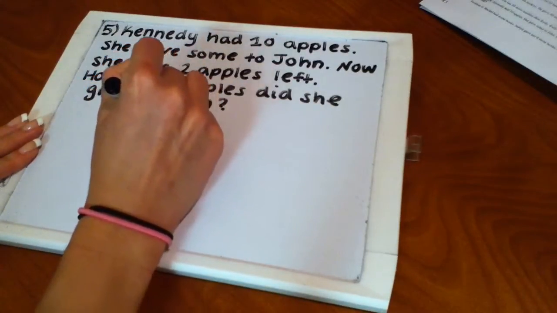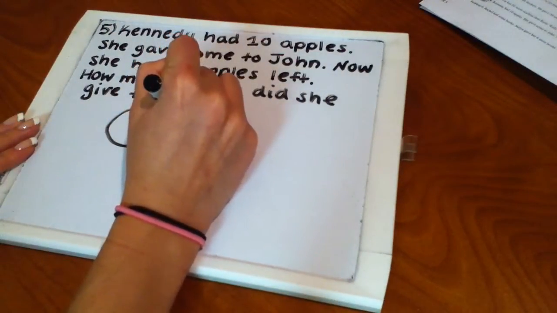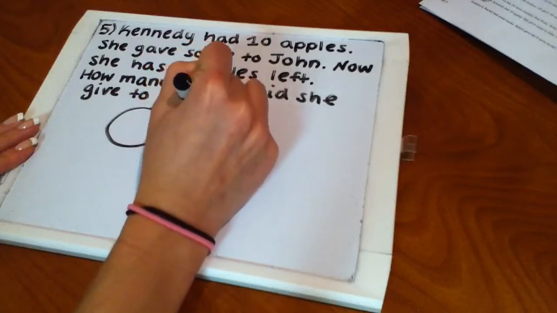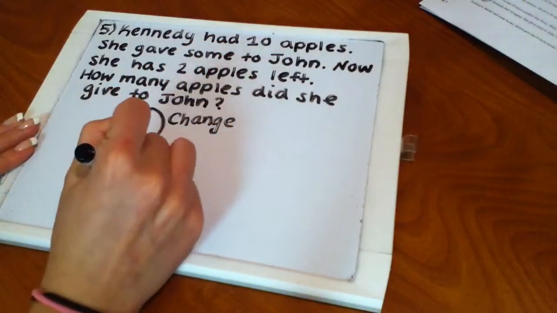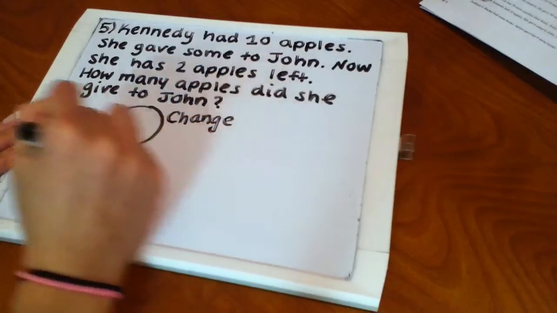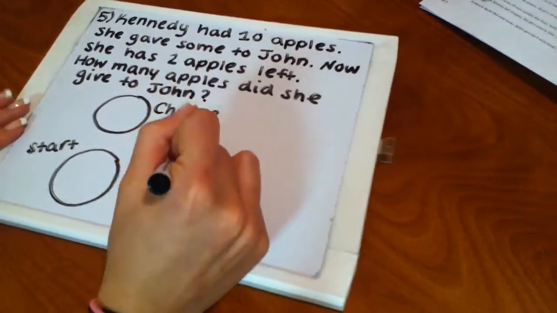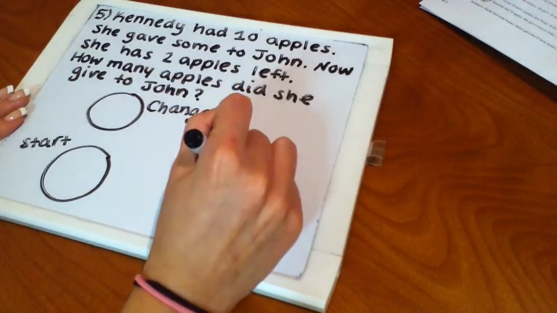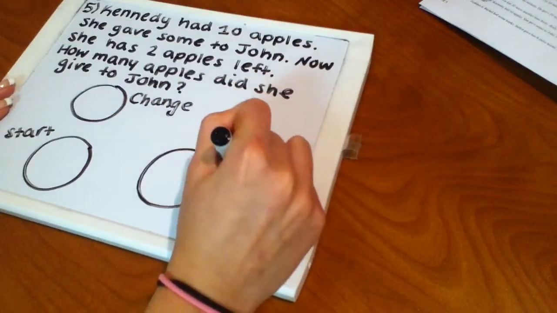This first circle here is going to be the change that happens. The second circle is your starting point. And then your third circle is your result.